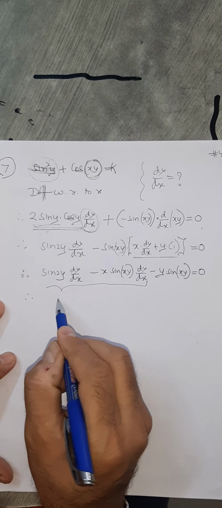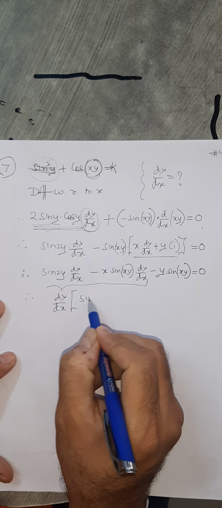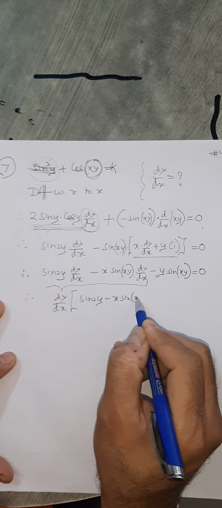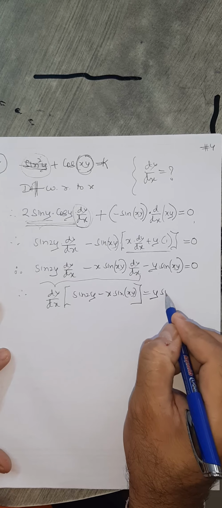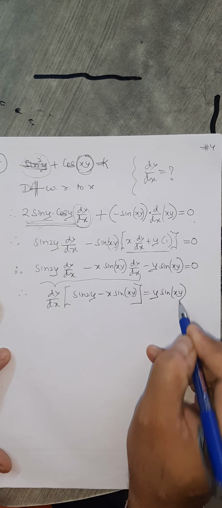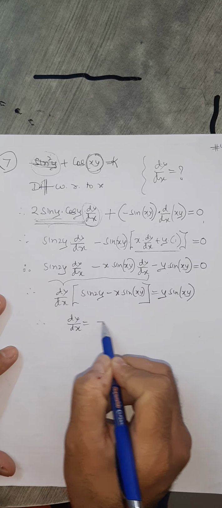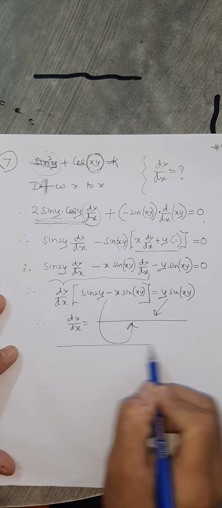These two terms are having dy by dx, so I'll take dy by dx common. This is sine 2y minus x into sine of xy. This I'll take on the other side, y into sine of xy. And therefore dy by dx equals to finally this upon this. This is your answer.